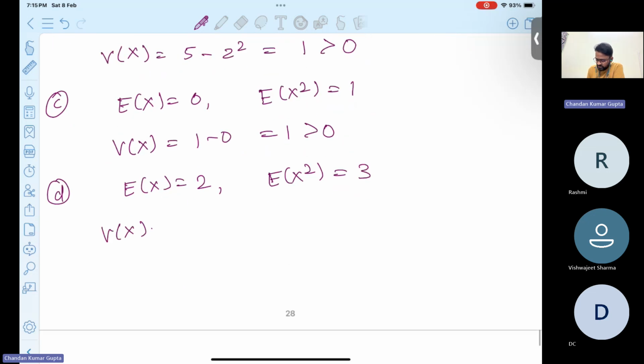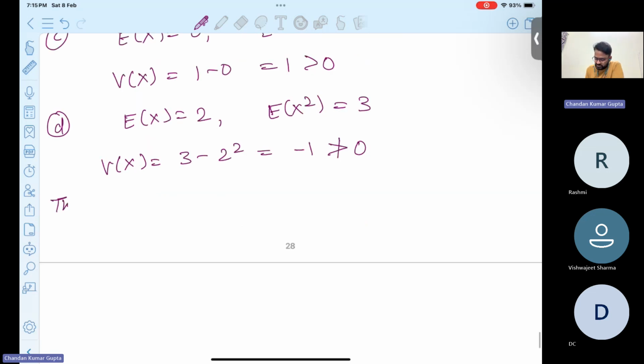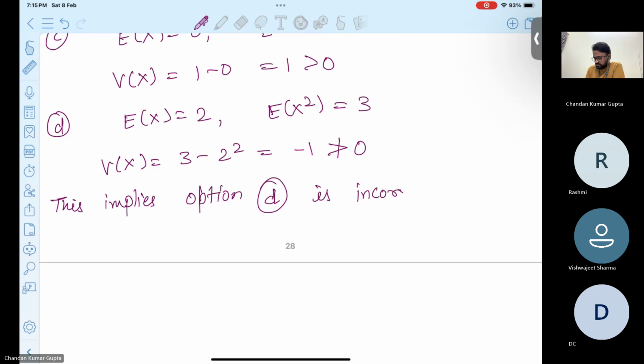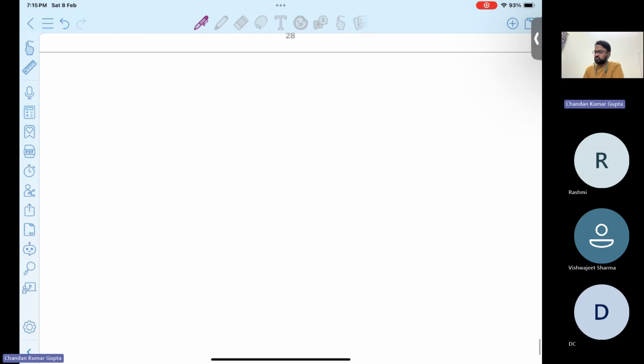Here, variance of X equals 3 minus 2 square, which is equal to minus 1, which is not greater than or equal to 0, so it violates the property of variance. So option D is incorrect. I hope it's a very simple question. I'm just using the property of the variance to solve this.